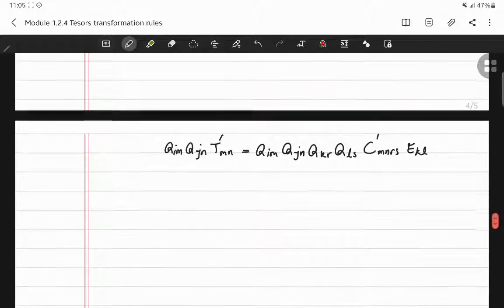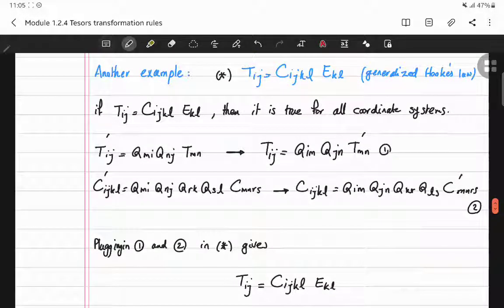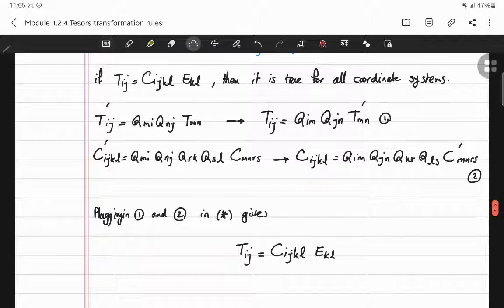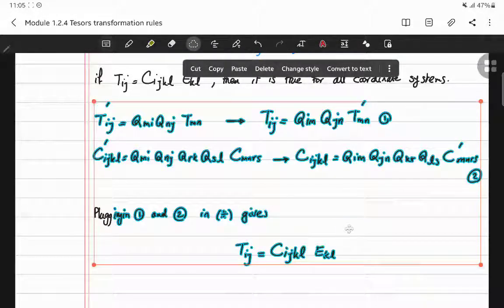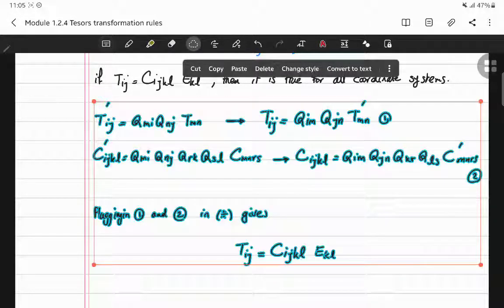And then we already mentioned from here that if Tij is equal to Cijkl Ekl, then it is true for all coordinate systems, but I forgot to write the transformed version, so I can maybe shift all these here a bit down.